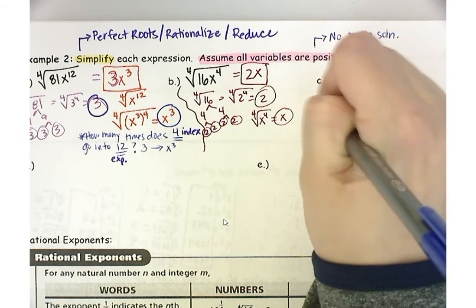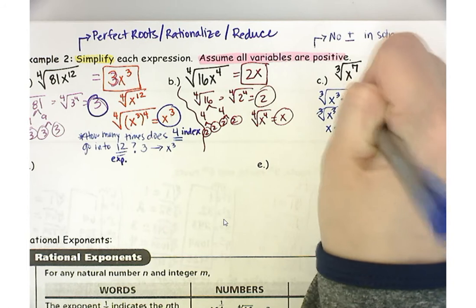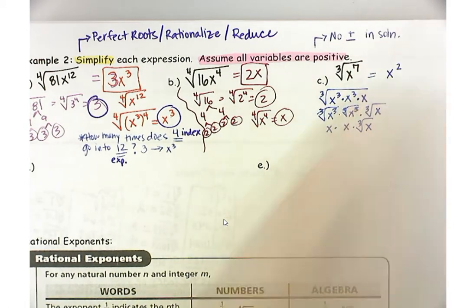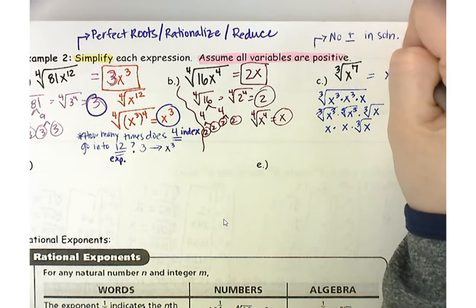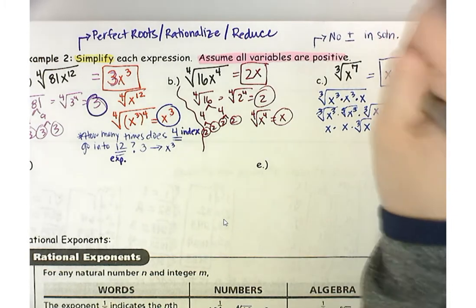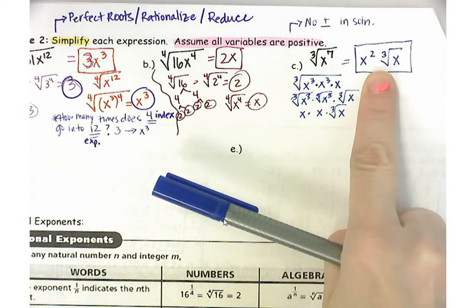Once you have this, I want you to think about how it's only going to come outside if it has a group of 3. So that means inside the radical, your exponent should never be bigger than what? Yeah, for this one, 2. Yep.